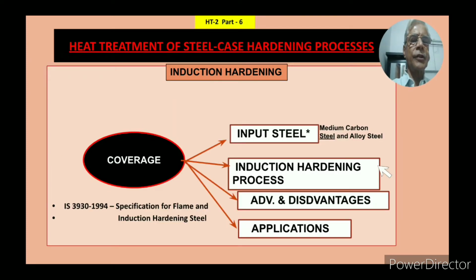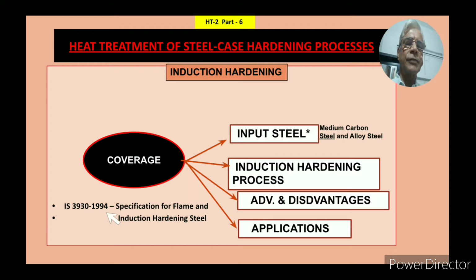Next, coverage. What I am going to cover is, first of all, input steel. What kind of steel is used for doing this induction hardening treatment? Generally, medium carbon steel, carbon steel or low alloy steel are used. But if you want to know in detail, then you should go for Indian Standard 3930/1994, which is the specification for flame and induction hardening steel.